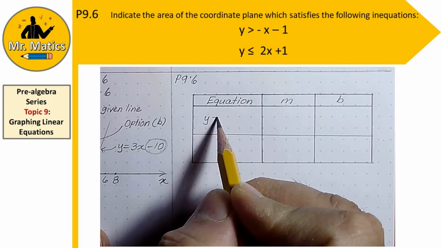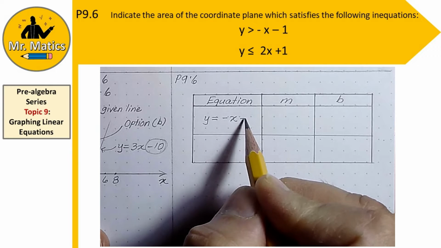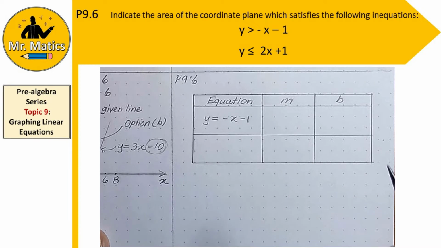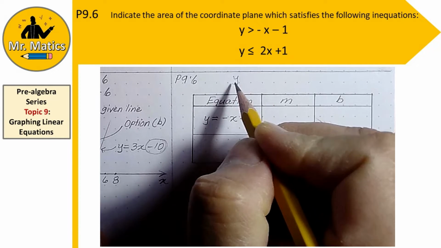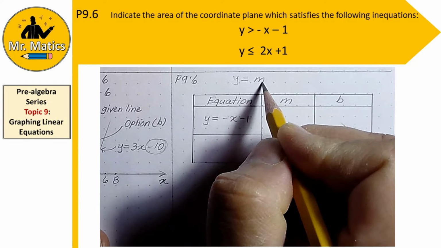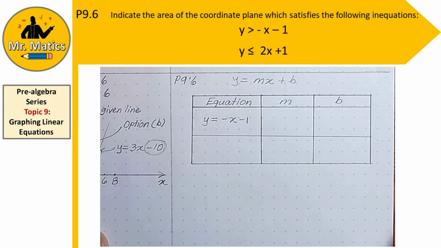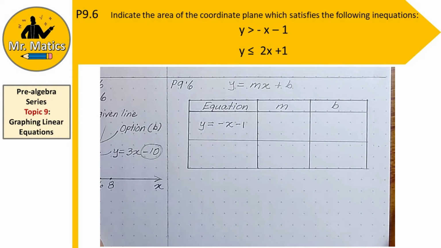Y equals minus x minus 1. Remember, we want to find the expression in the form y equals mx plus b, where m is the slope and b is the intercept.